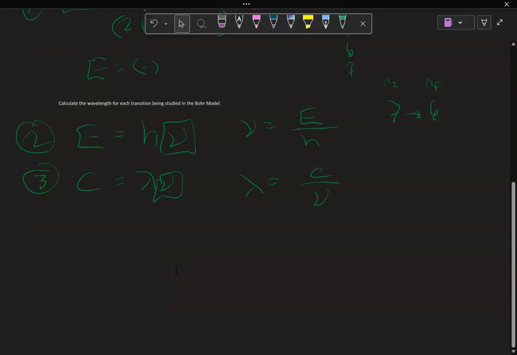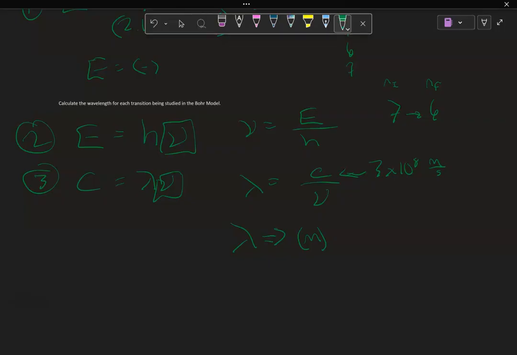Once you solve for the wavelength, you're going to have a unit expressed in meters, and that goes back to the fact that the speed of light is 3 times 10 to the 8 meters per second. Notice that the speed of light has units of meters, and the seconds are going to cancel out with the frequency.